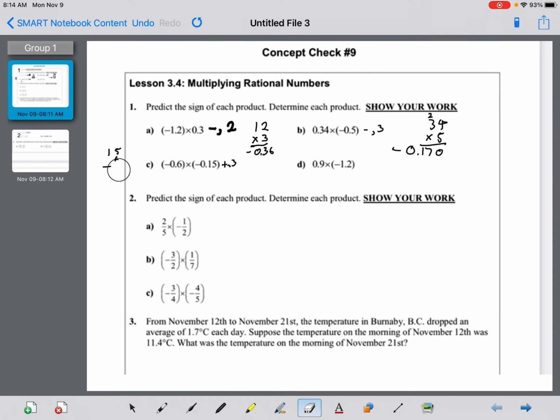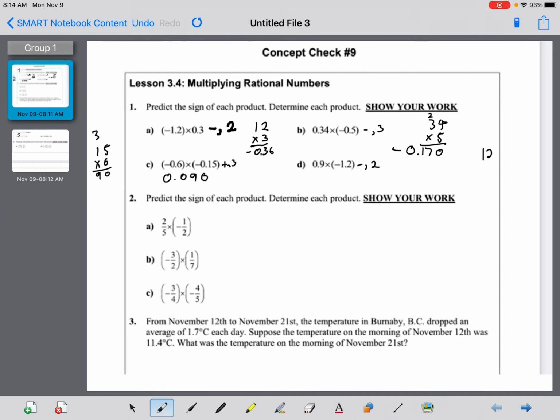Let me just rewrite it over here. 15 times 6, which is going to equal 30, and 6 plus is 90, so I get 0.090. That's my answer.